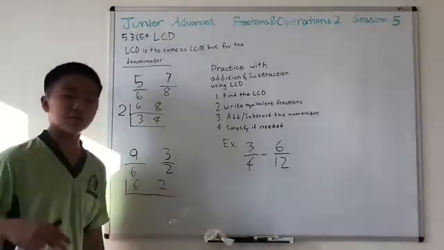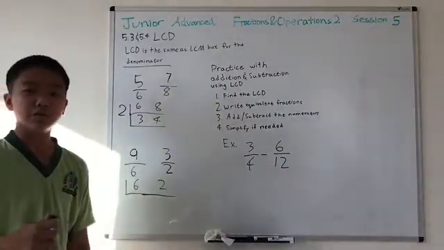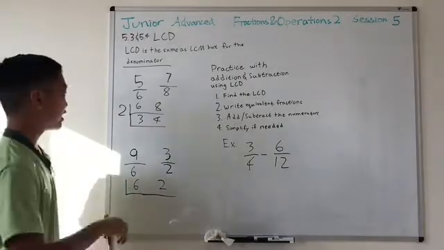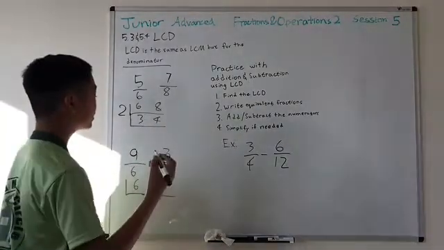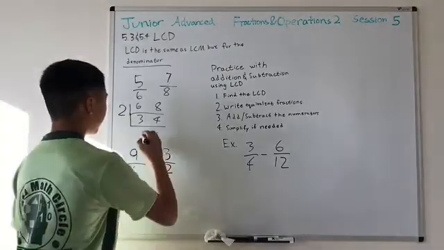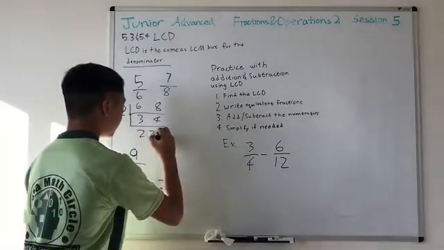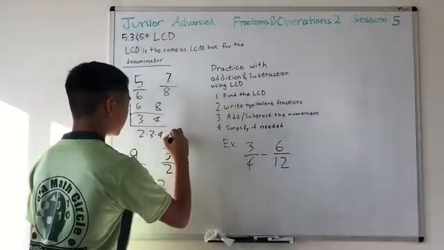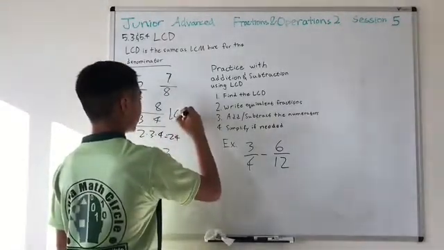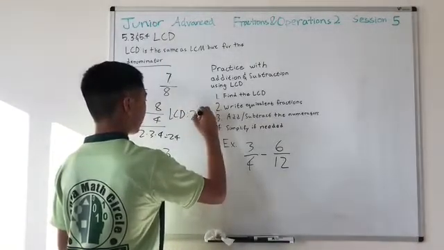And these two numbers are relatively prime, meaning that you can't divide both of them by a number greater than 1. Meaning that we know that our LCD for this specific set is 2 times 3 times 4, which equals 24. So our LCD for this one is actually 24.